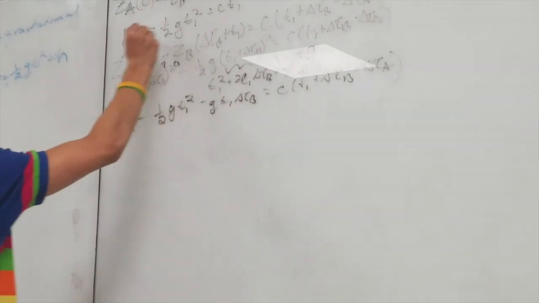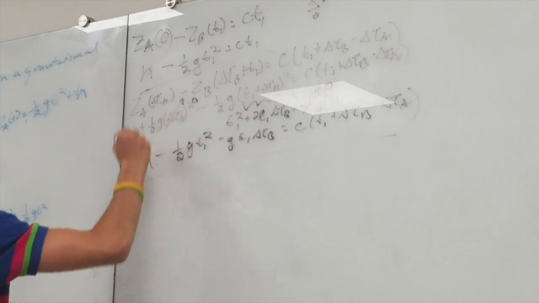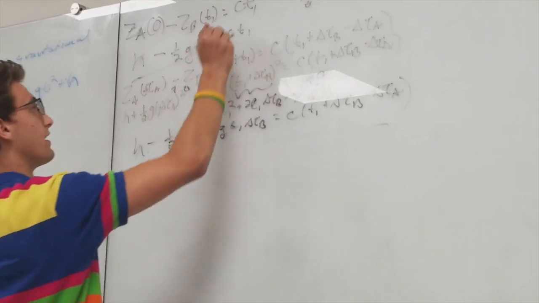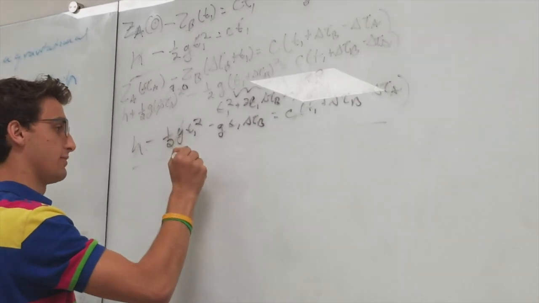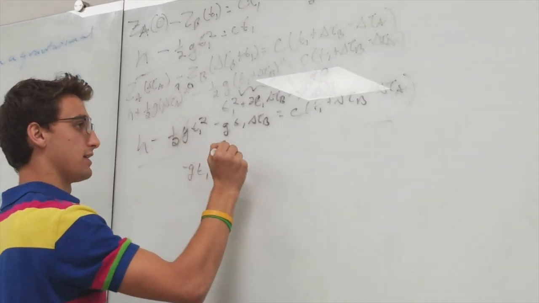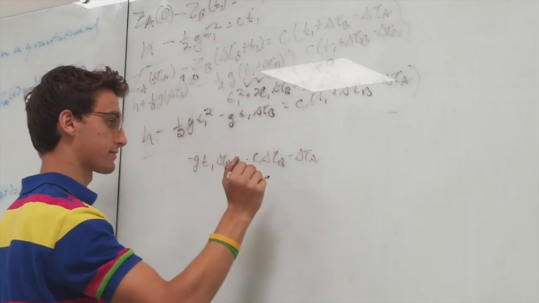Now let's subtract this equation from this equation. These terms cancel out, and this term cancels out, so we just get minus g t1 delta tb equals c times delta tb minus delta ta.